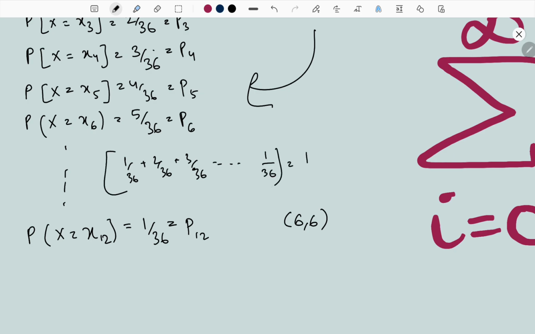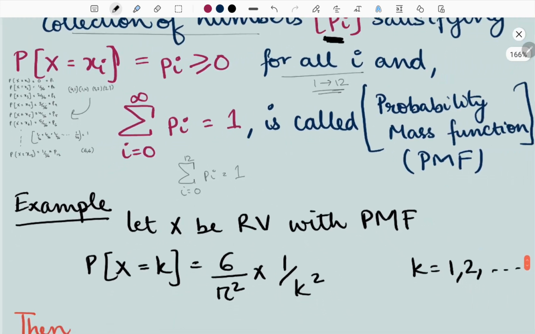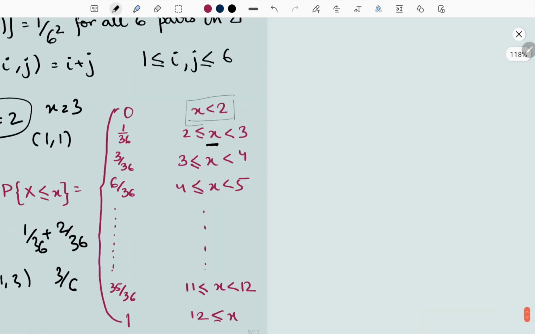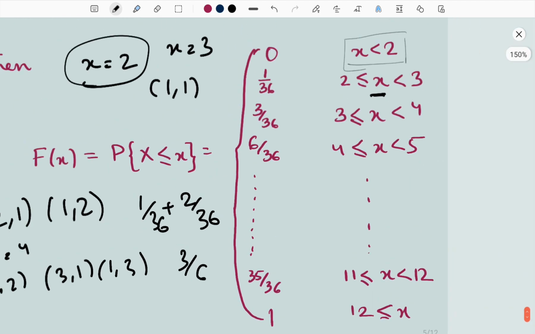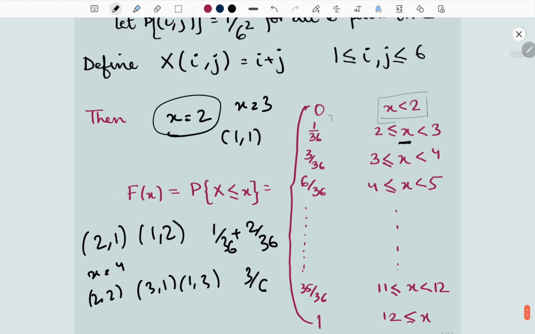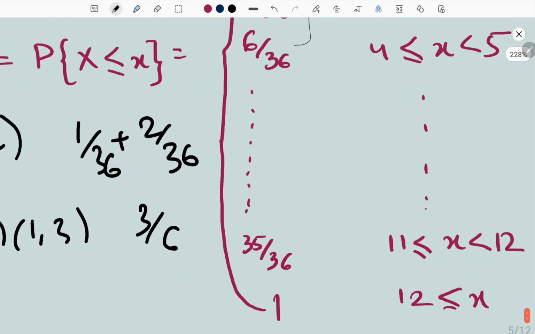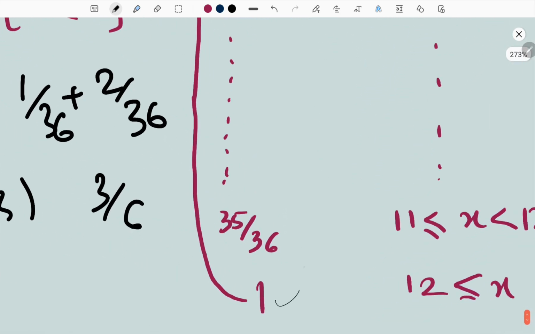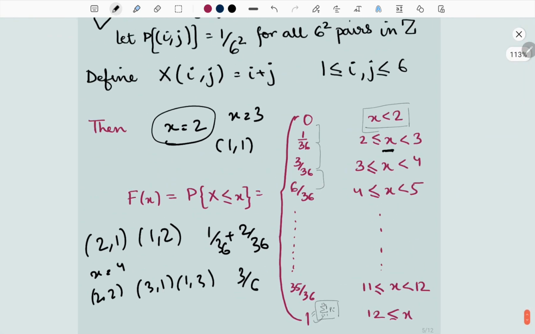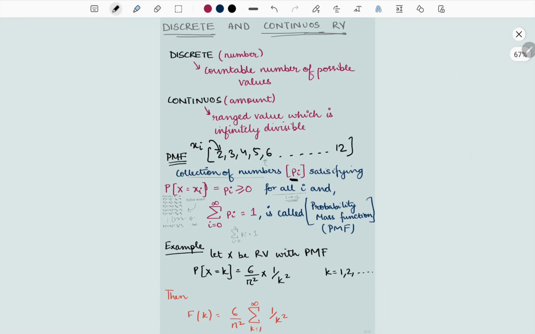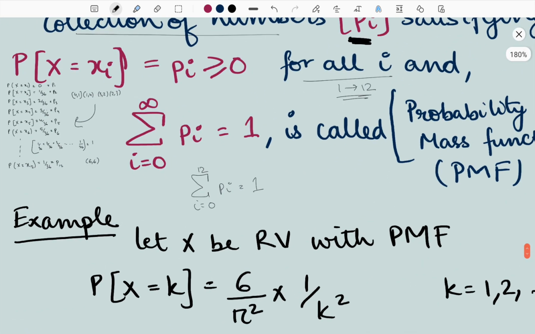All of those values constitute 1. An interesting fact is that as we add up term by term, at last we got the value 1, which is the sum of pi from i equals 1 to 12. And as we already said, in a PMF this value will give 1.